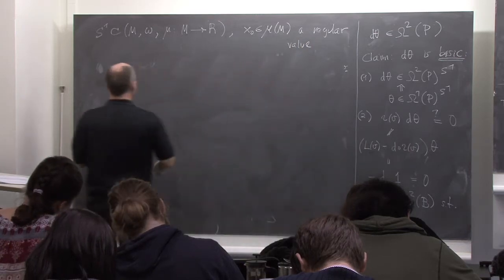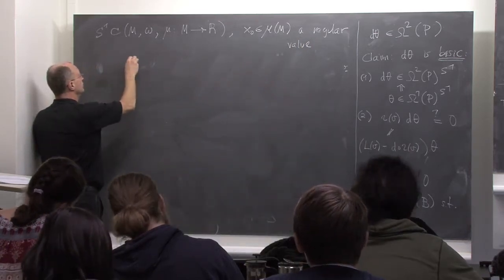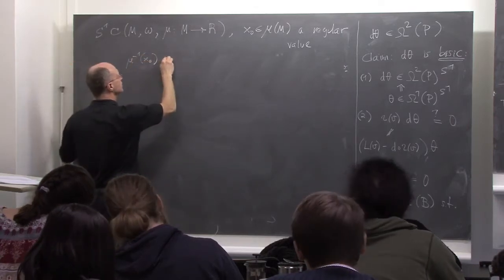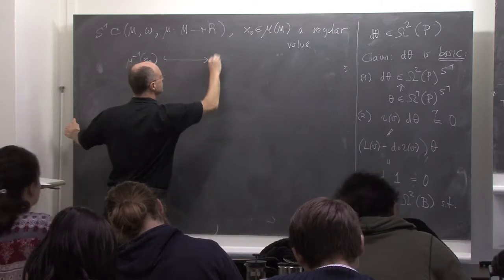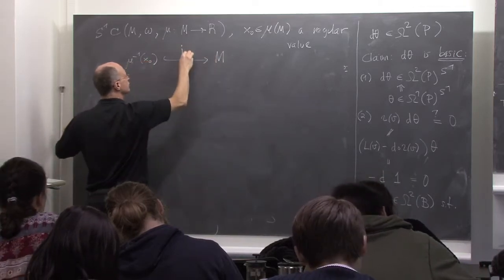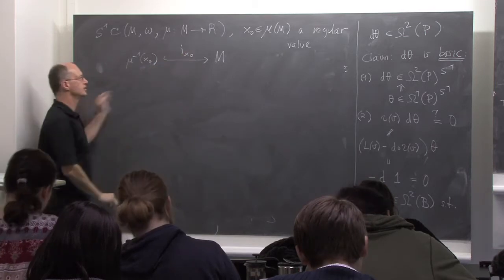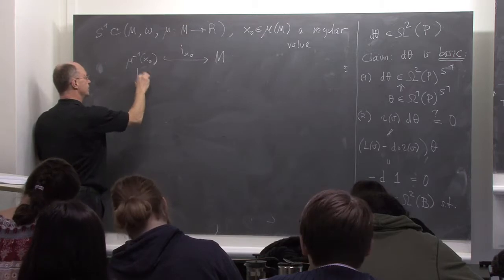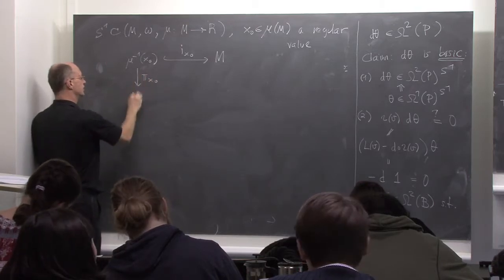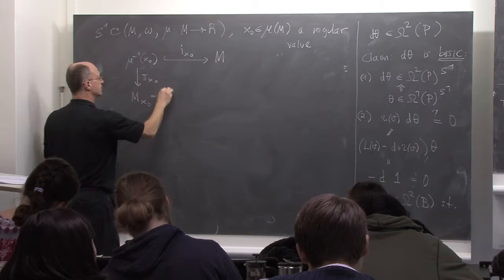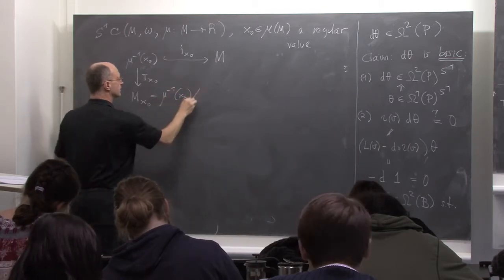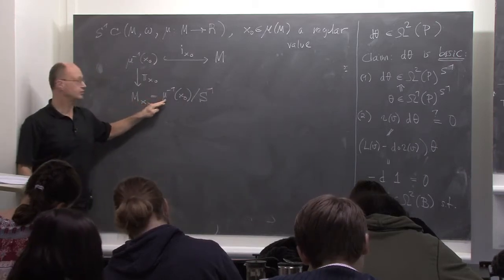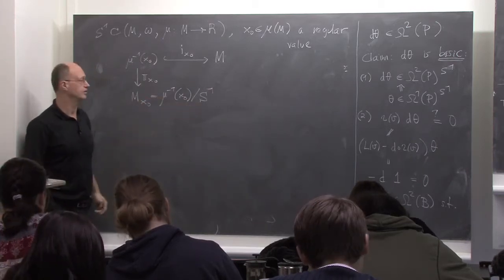Perhaps just to recall, there is the following picture. There is the level set of x naught. It is embedded into M, and we usually denote this embedding i x naught. And there is a projection pi x naught to the reduced space, which is mu minus 1 of x naught divided by S1.